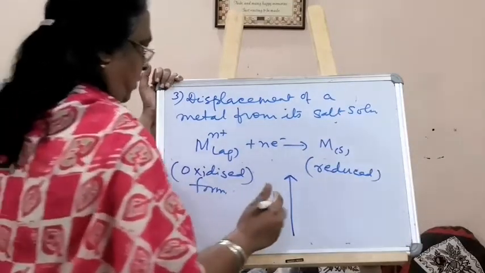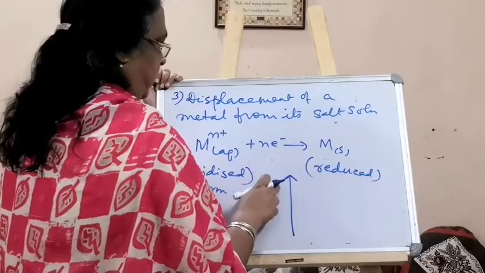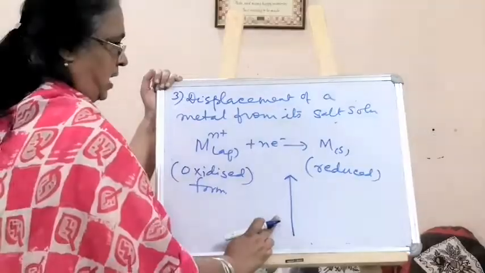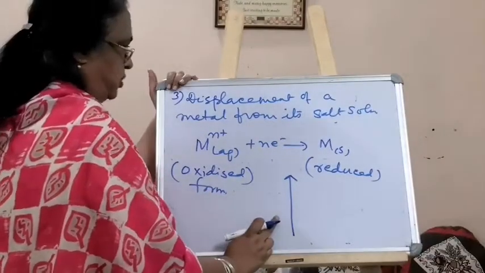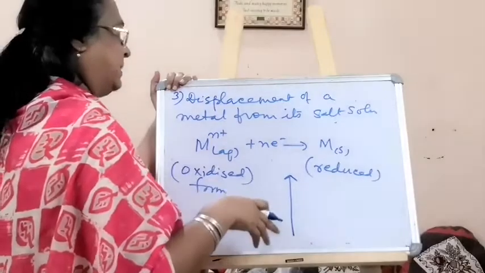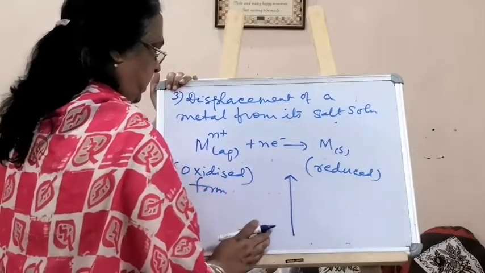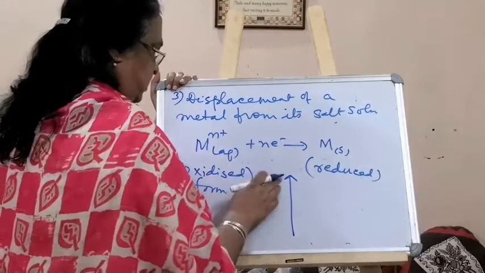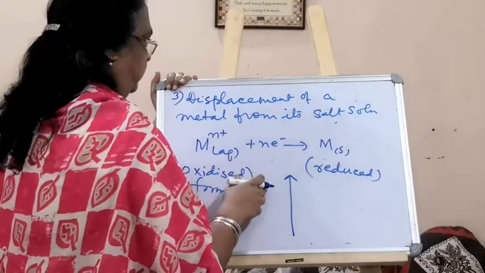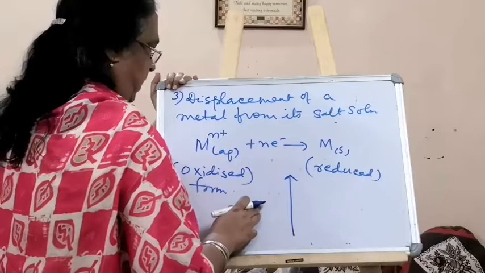So in that case, the metals which are present above will be reducing. The property is that the metal in its reduced state will reduce the metal which is in its oxidized state below it. In other words, the metal which is above will liberate, set free, or displace the metal from its salt which is present below it.